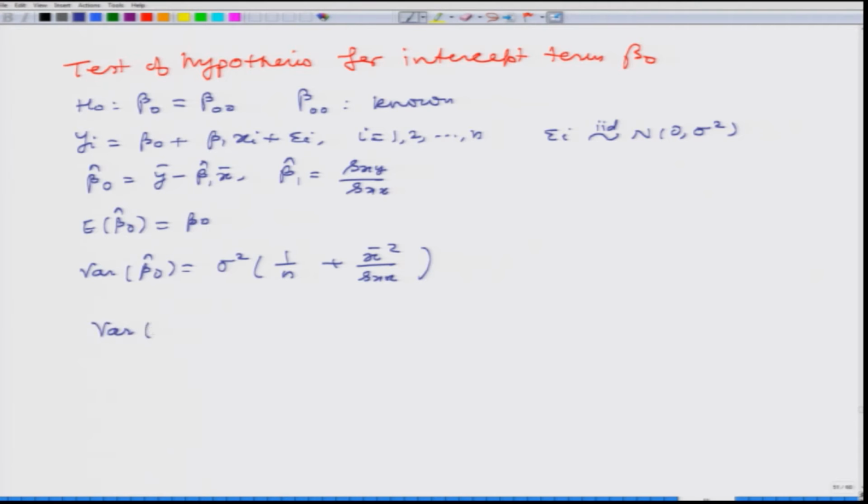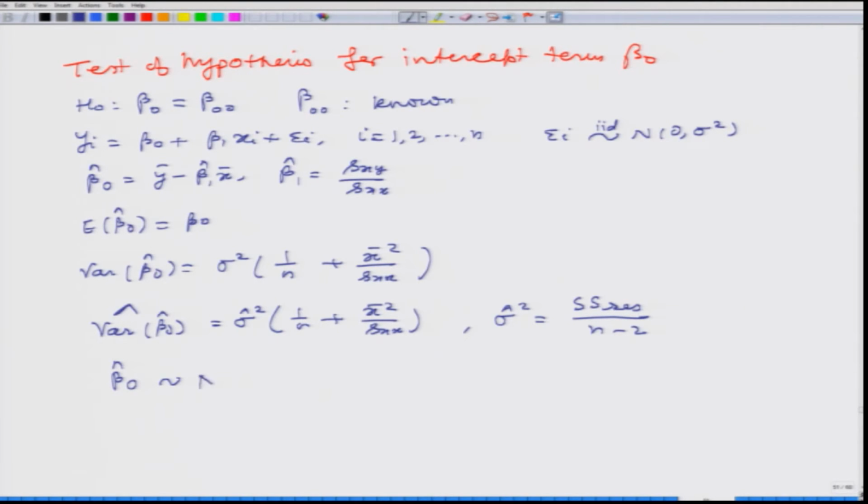Further, we had obtained the estimate of its variance by replacing sigma square by sigma square hat in the variance of beta 0 hat, where sigma square hat is equal to the sum of squares due to residual divided by n minus 2, right. We can show that this beta 0 hat is a linear function of the normally distributed random variables y's.